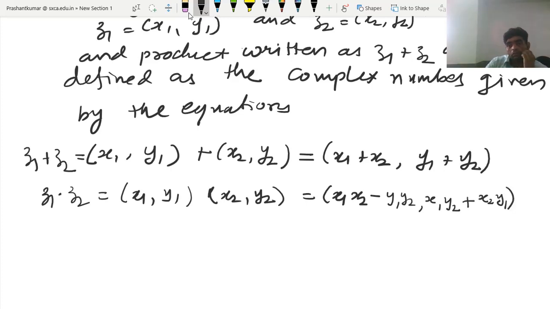This way the addition and multiplication are defined.